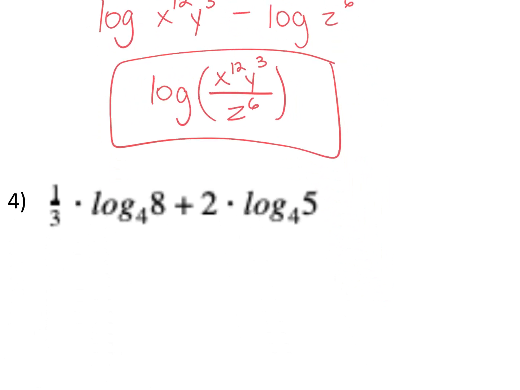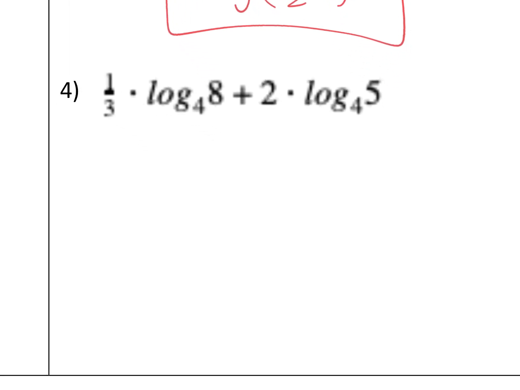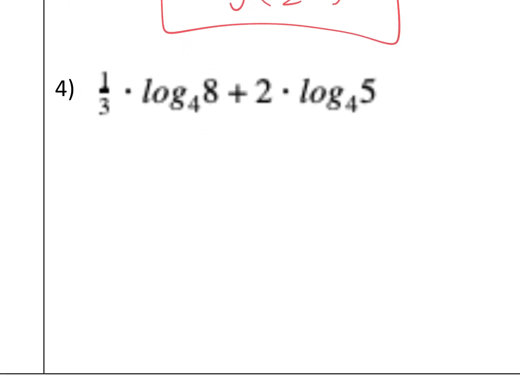Okay, and then the very last one. Give that one a go. We're almost done. What goes first? Powers to the back. So log base 4 of 8 to the something, plus.